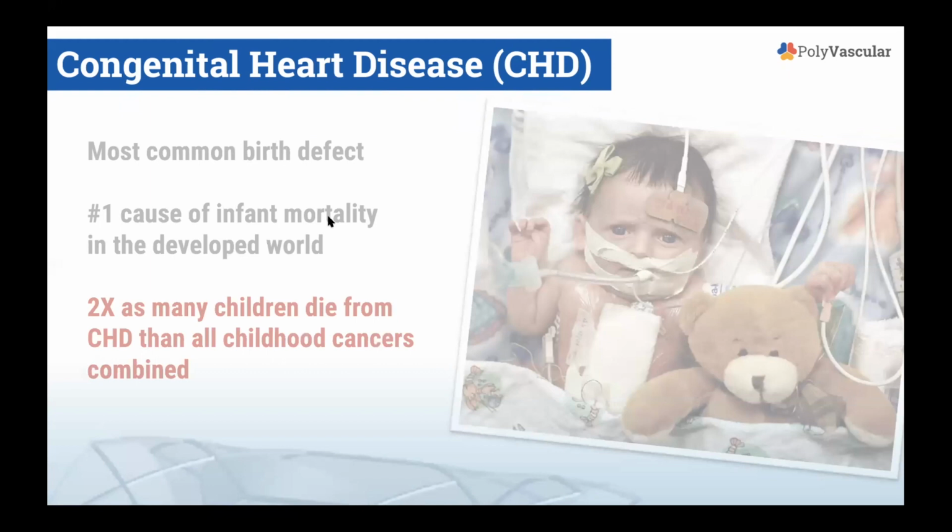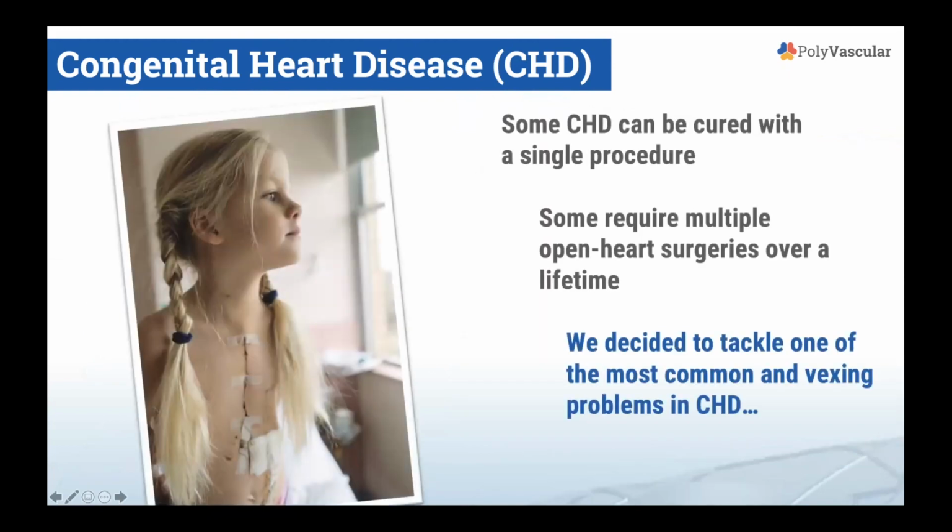Now, congenital heart defects come in many different types. Some are the types that are considered simple defects that can be cured with a single procedure. For example, a hole in the heart that we can close with open heart surgery with a patch, or what I do for a living as an interventional cardiologist is to place a device in one of those holes and close them with the device. And that's a cure.